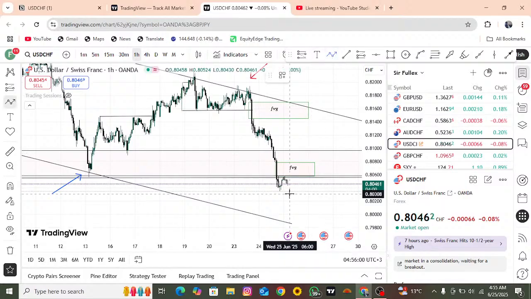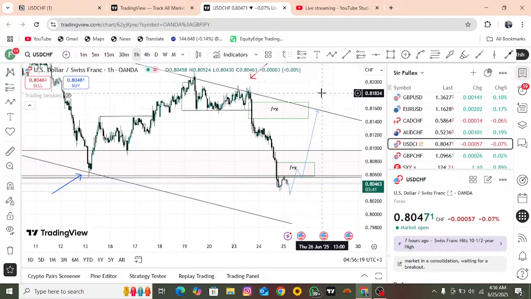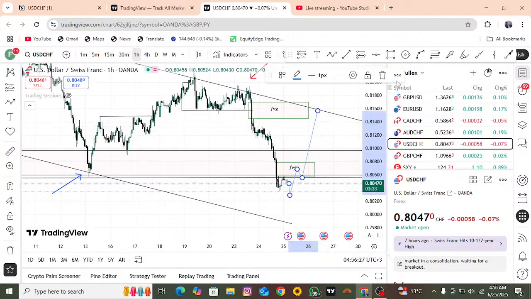Maybe clear this liquidity over here, and we see it coming to the fair value gap, come collect this fair value gap, even up to this fair value gap, to fill it to this trend line here. These are the possible things that can happen to this market. Remember, the market can do anything, so you have to prepare your mind for either side of the market.